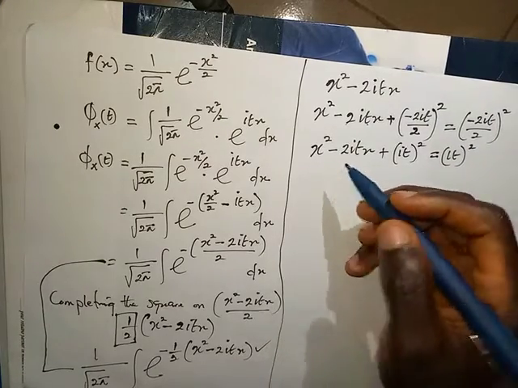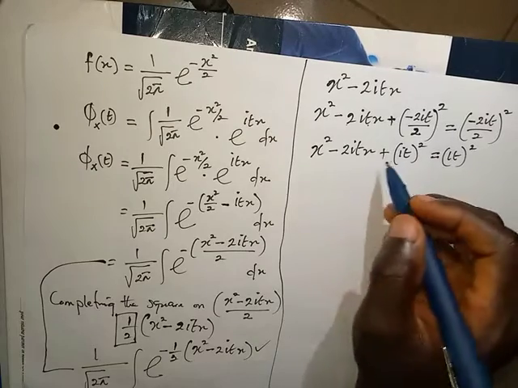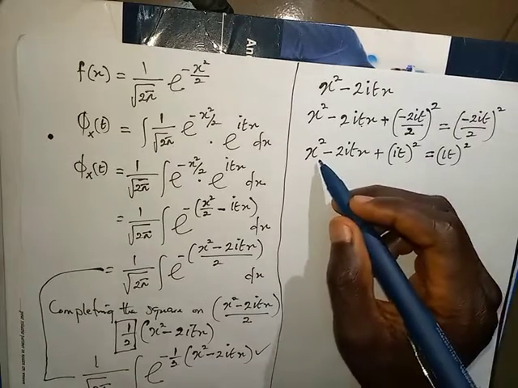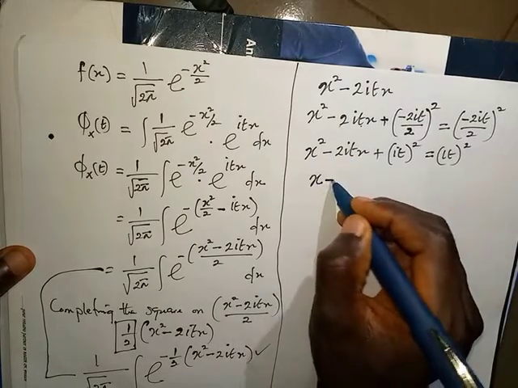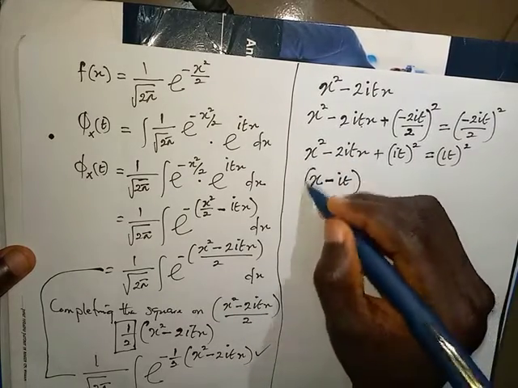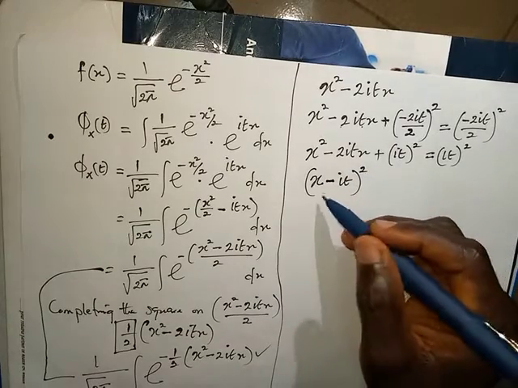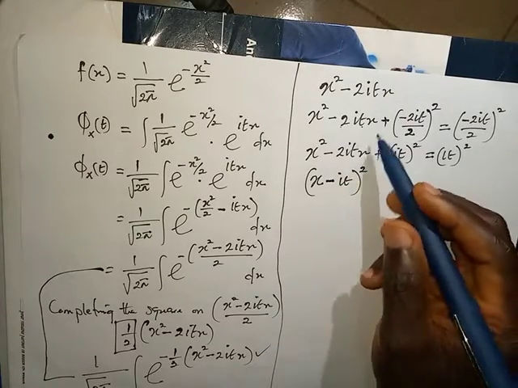Now this is already a perfect completing the square. So these two we can join them together. Now the sign at the middle here is negative, so we have x minus i t raised to the power 2. This is what we want to achieve that makes us use completing the square.